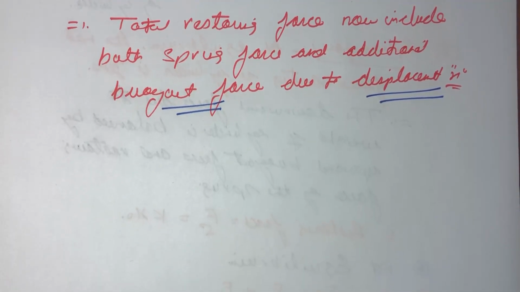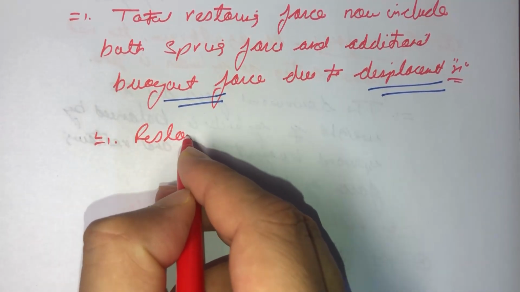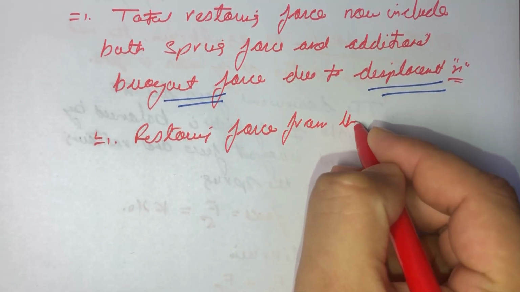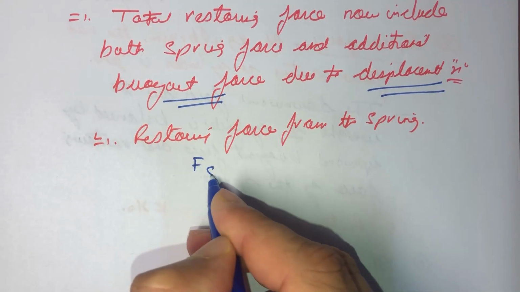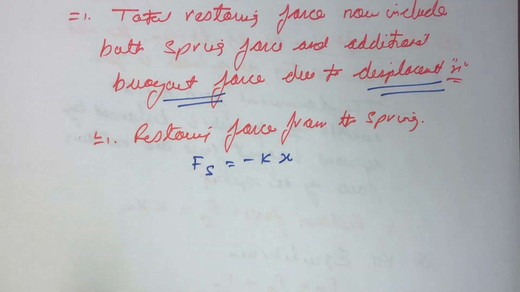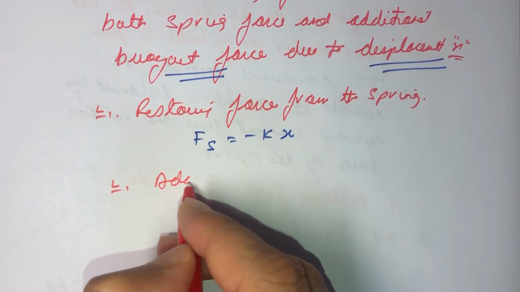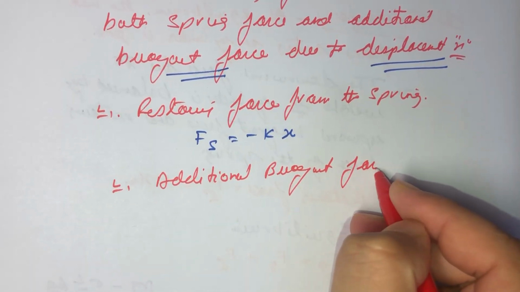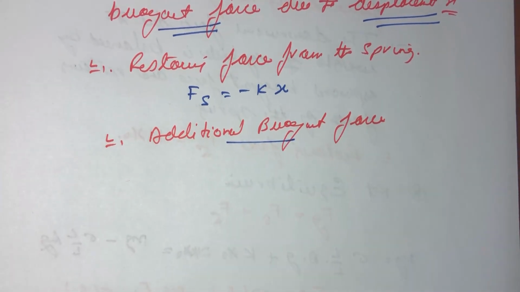Therefore we can write that the restoring force from the spring, let us call that Fs, will be equal to minus k times x, and the additional buoyant force, now the cylinder moves downward by a distance of x.